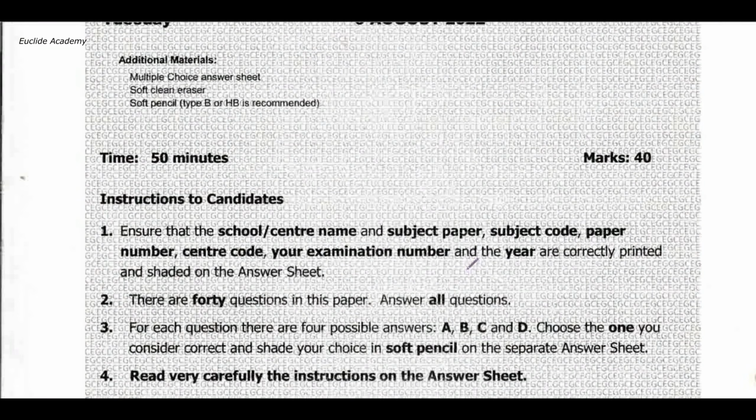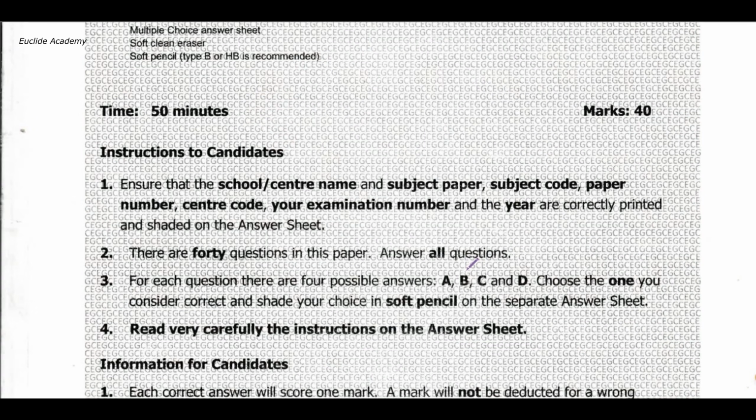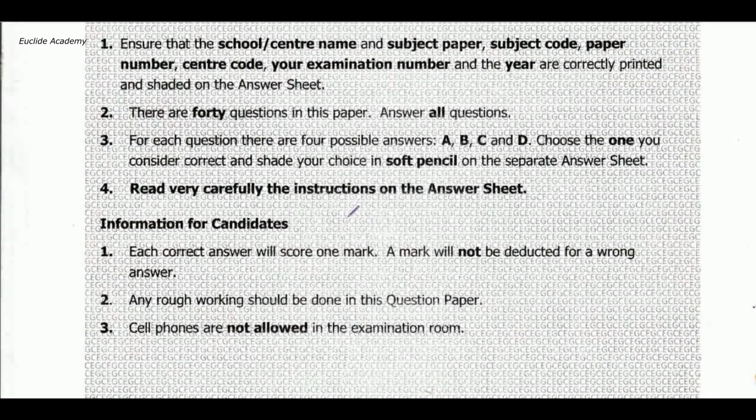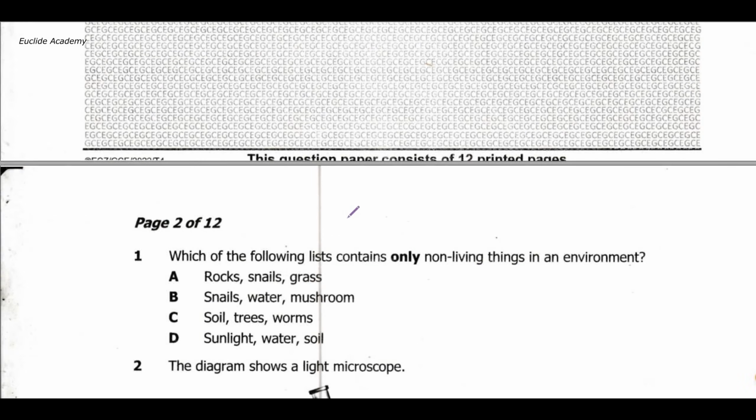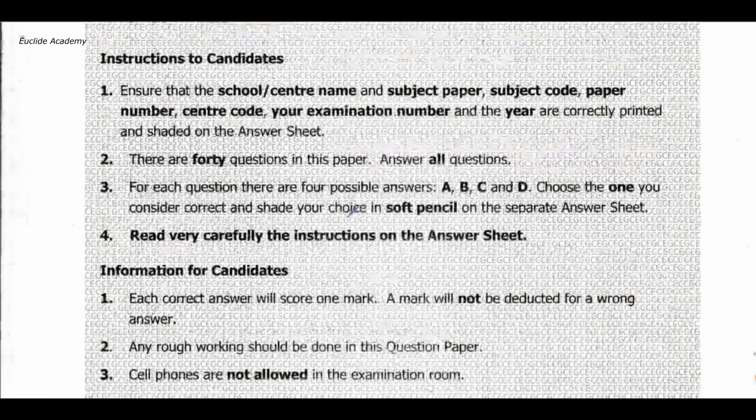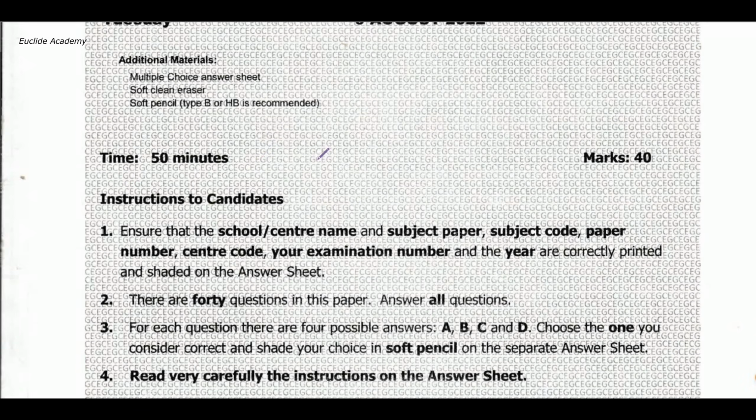So we just go directly to the questions. This paper 1 has 40 marks and the time is 50 minutes. As I always advise my students, it's very important to check the time when you are writing the exam, and compare it with the marks that you have. In this paper you've got 50 minutes and 40 marks, so you have to divide your time.